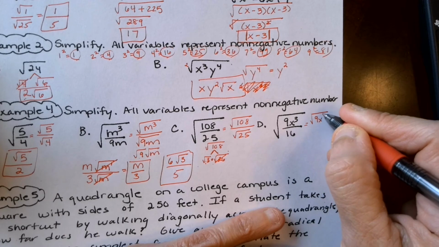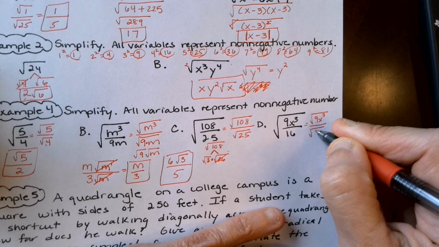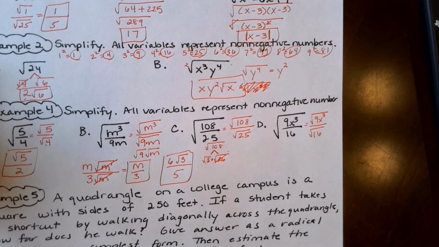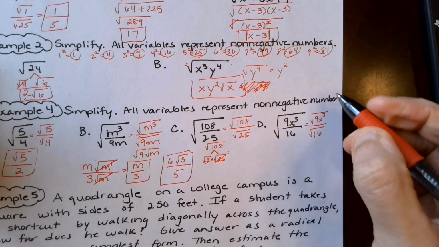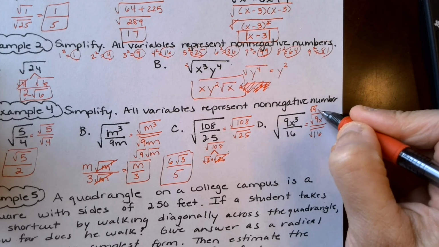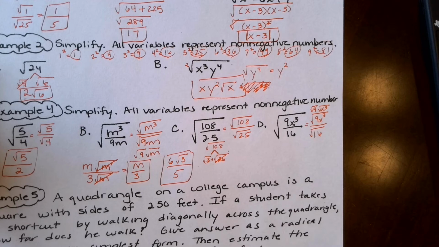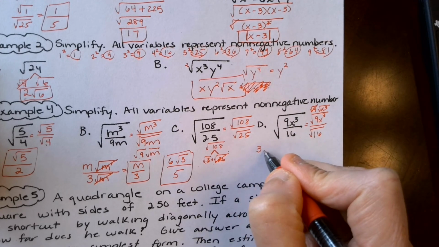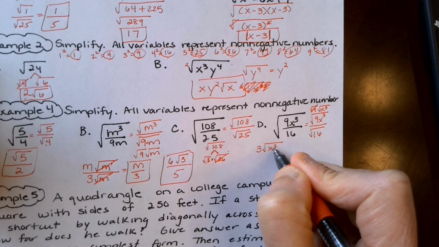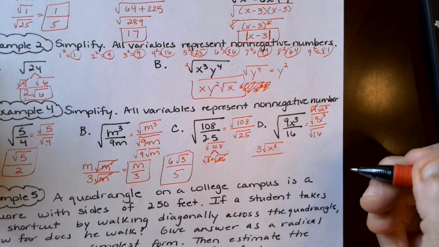All right, the next one, break down. So we get... I'm hoping you can see some of this is going to turn out nice, isn't it? This top number, because these are multiplied, I can rewrite that as square root of 9 and square root of x cubed. Okay, so square root of 9, nice. Comes out to 3. I'm just going to leave this like that for now. We still have a little work to do.